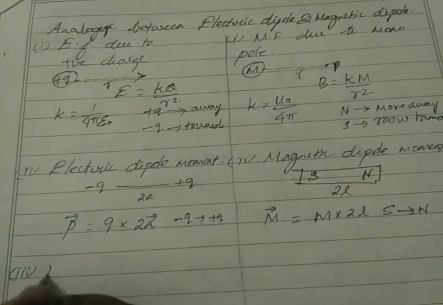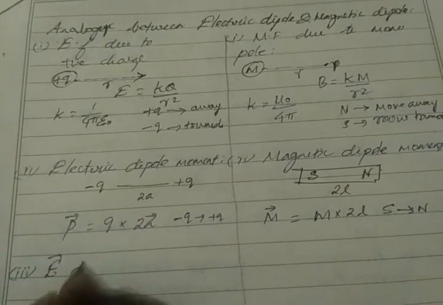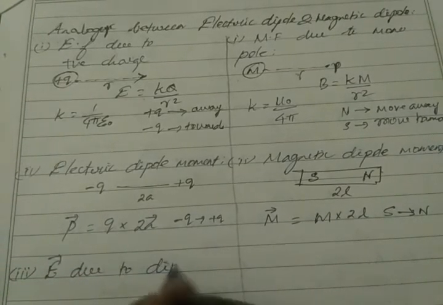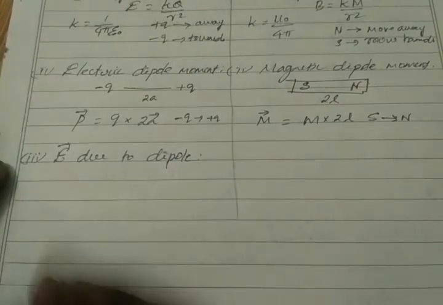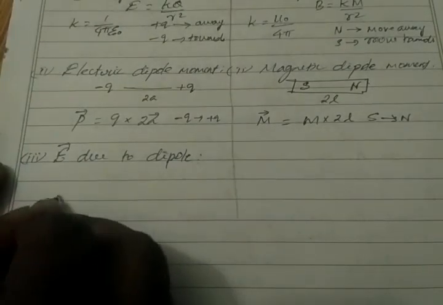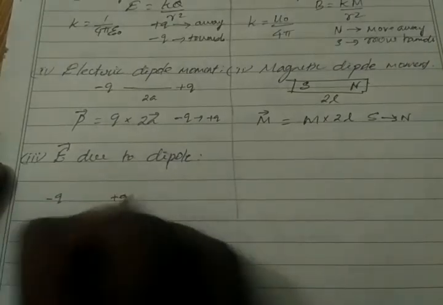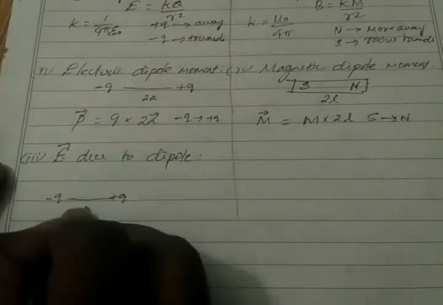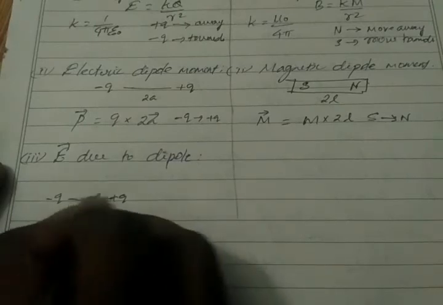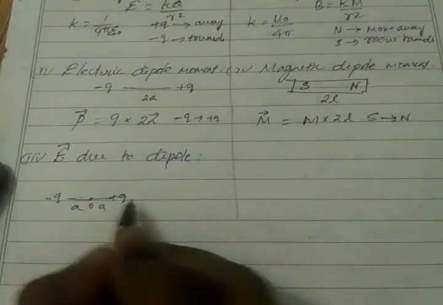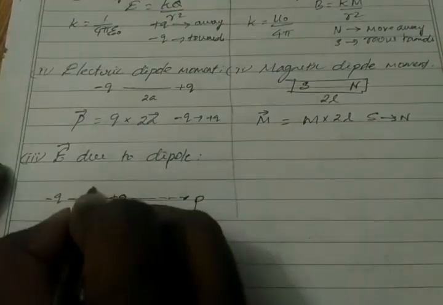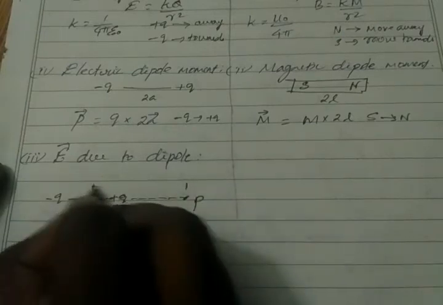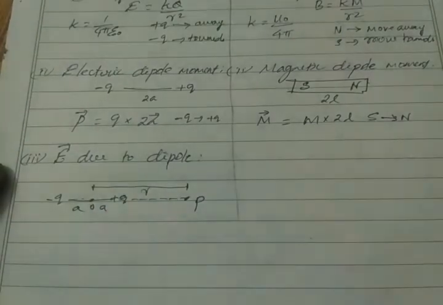Then the third one, electric field due to dipole. Here we study two cases. First, consider an electric dipole, negative charge, positive charge, center point O, and consider a point P on the axial line at a distance of r from the center.